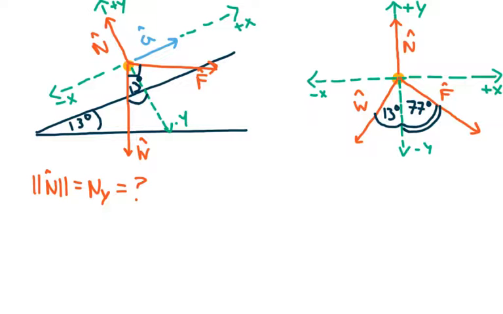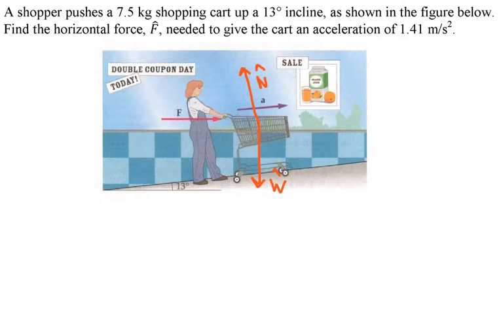Okay. Now, the weight, on the other hand, we can break up into its x and y components. Now, remember, we haven't formally covered it yet. That's going to be the next section, but for right now, just remember that weight is equal to the mass times the acceleration due to gravity, so weight is equal to mg.